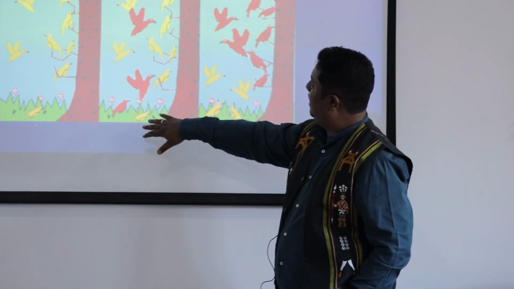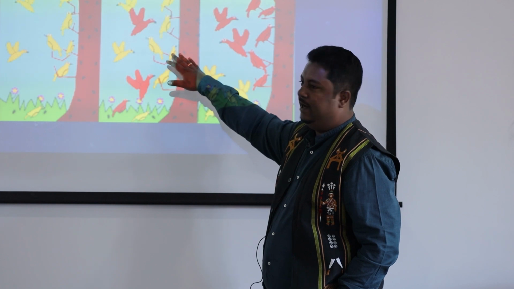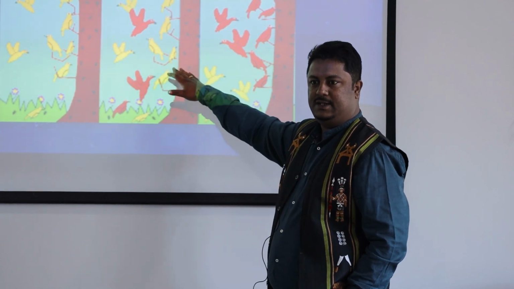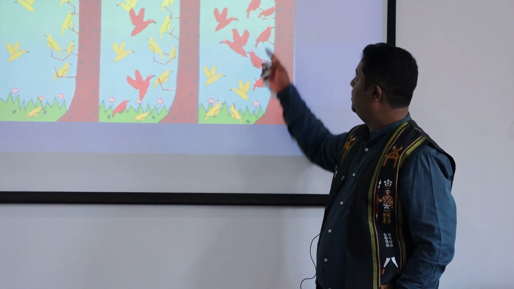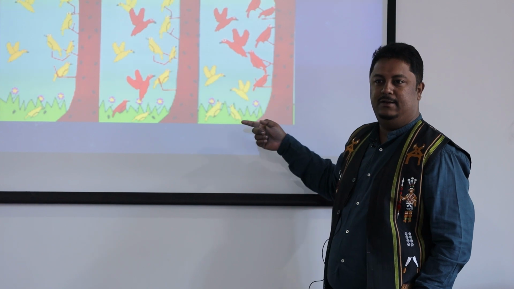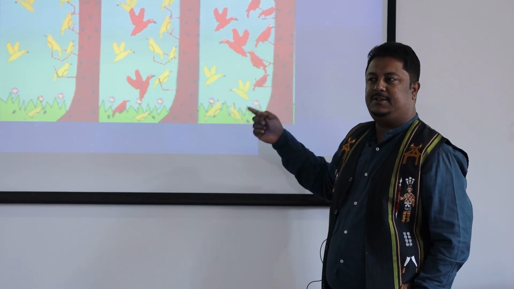Then a second species of bird arrived at this particular place, which was earlier dominated by the yellow ones. Now there are two conditions here. One, that both the species will fight and one will shift. But here if you see what they have done, they have made a small shift in their behavior.